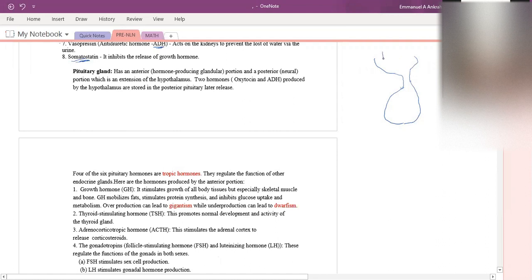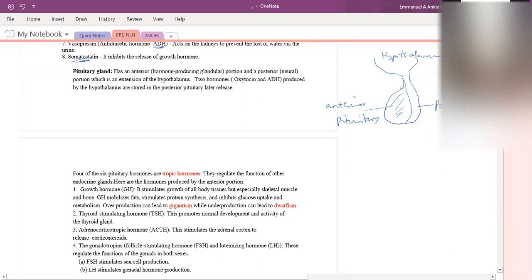So this is the hypothalamus. And the pituitary has 2 parts. Has anterior part, which is anterior pituitary. And it has a posterior part. 2 parts for the pituitary.